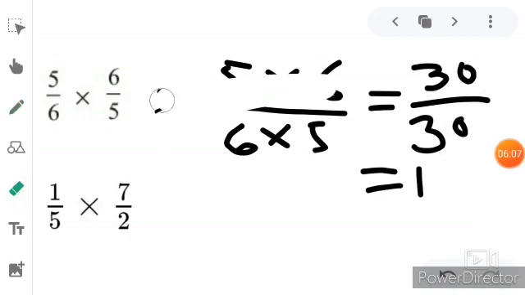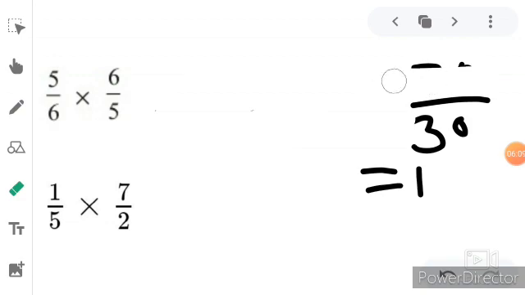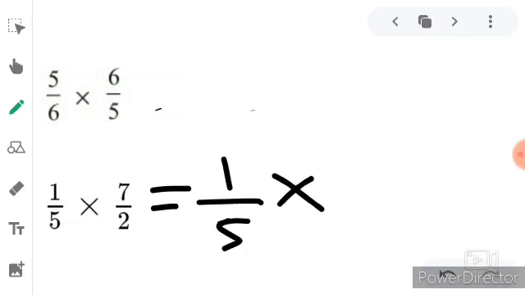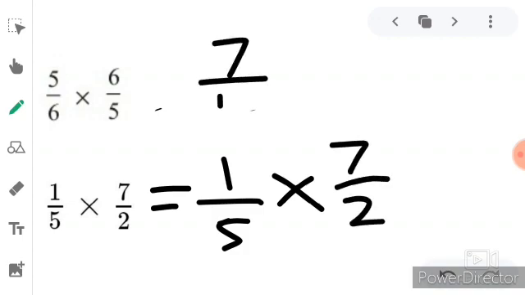Now the next example is 1 upon 5 multiplied by 7 upon 2. That is 1 7s are 7, 5 2s are 10. So our answer is 7 upon 10. I hope students you got it.